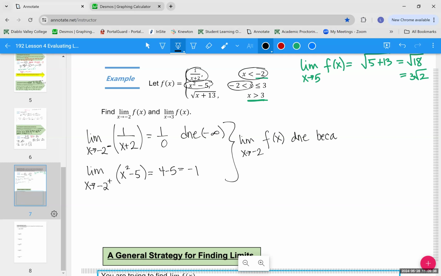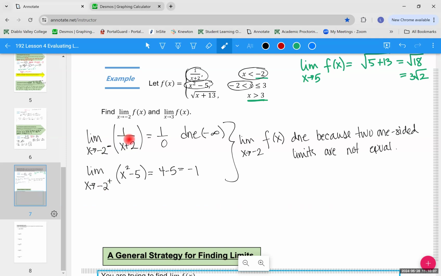And that is again because the two one-sided limits are not equal. So outlining the expectations one more time, you are writing down which of the one-sided limits you're finding.